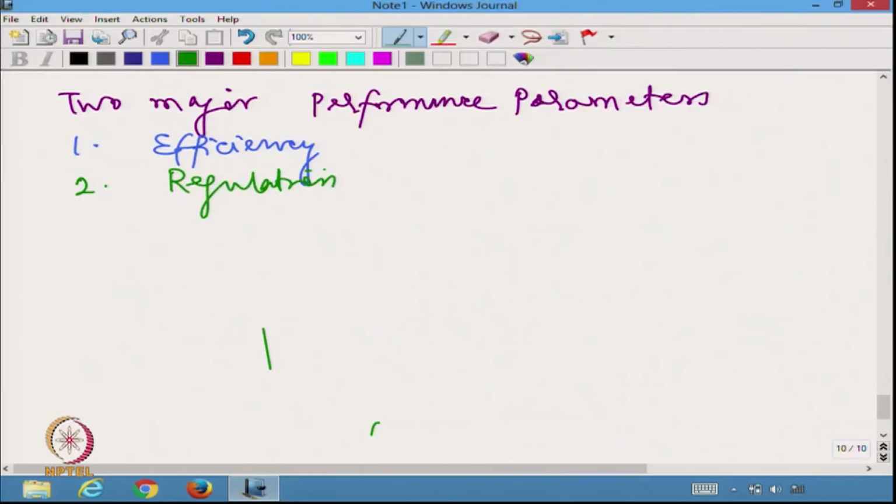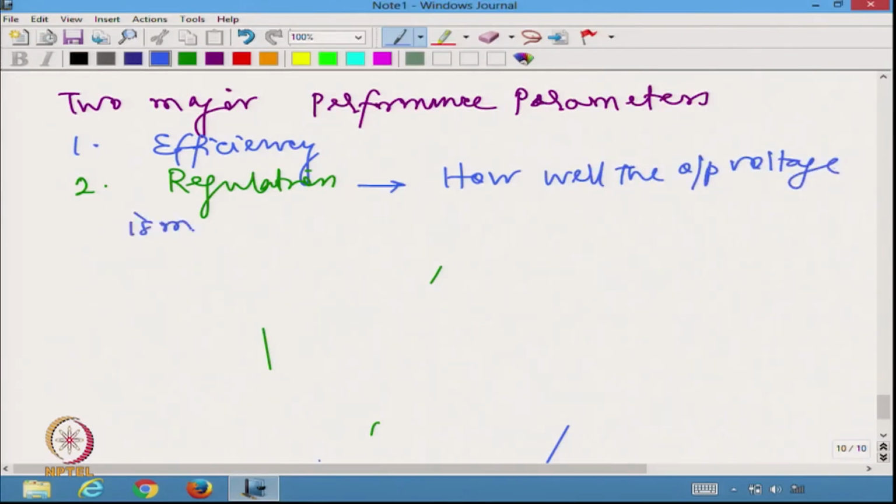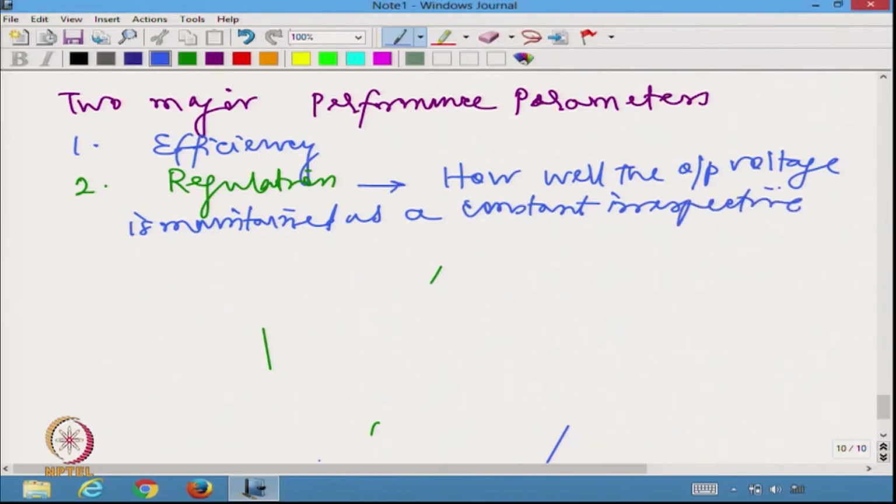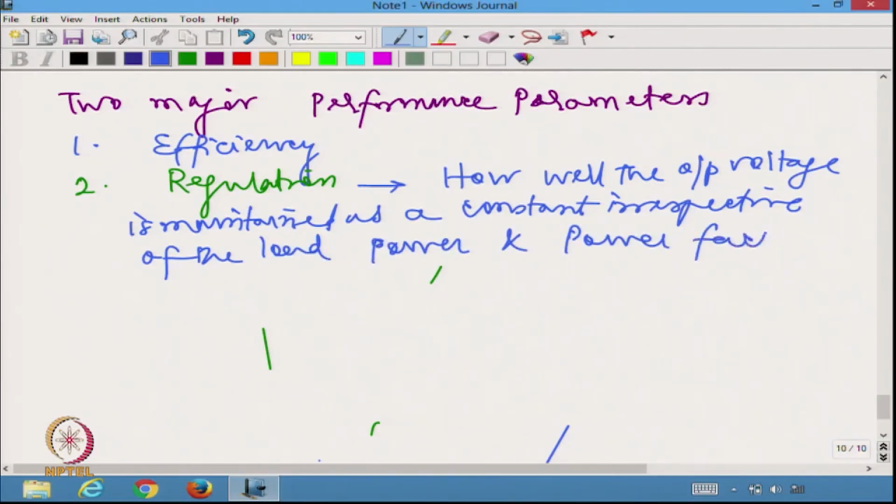So, regulation actually talks about how well the output voltage is maintained as a constant, irrespective of the load power, and power factor of course. This is what we mean by voltage regulation.